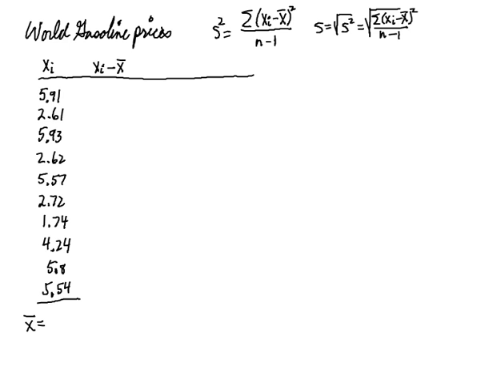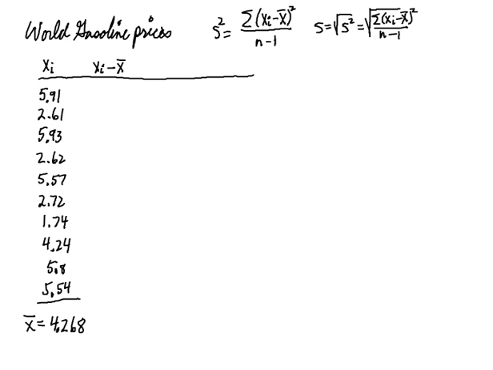The average turns out to be 4.268. So that's a measure of location. What's the average? The sample average gas price of these 10 prices is $4.27 rounding.